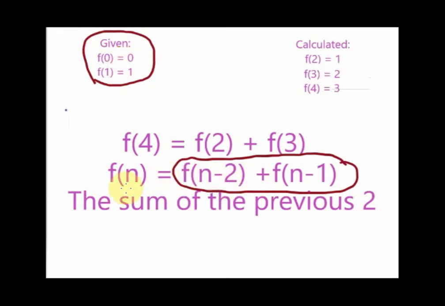You start at the end, at your answer. f of n is what you want to find, and you go back recursively to previous answers all the way back to the given values, and then recursively make your way back up to the number you're trying to find. We'll first start by setting up our function with the terminating condition.